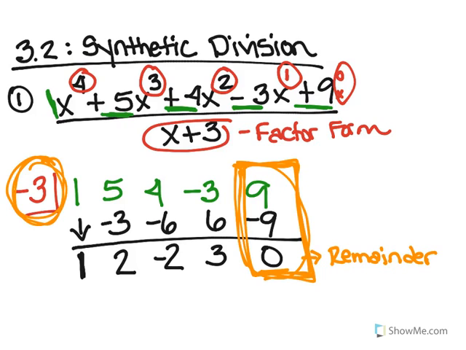Now, in this section, you need to be able to write the new polynomial after you have divided. Now, once you divide something, you decrease it by 1 degree, meaning I started with 4th degree.